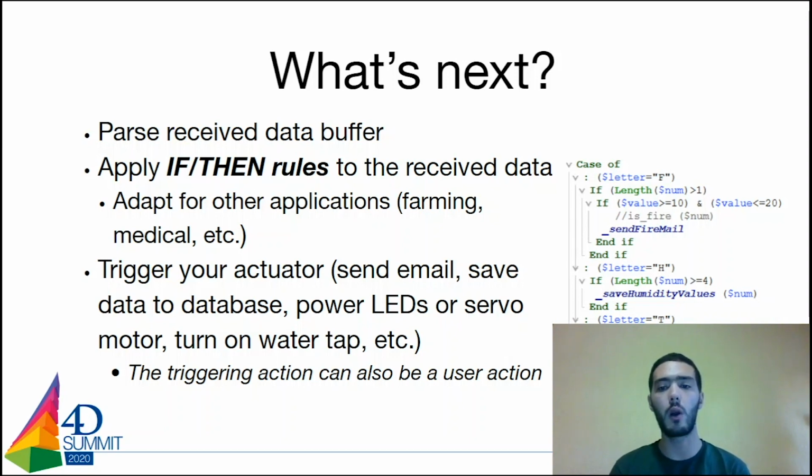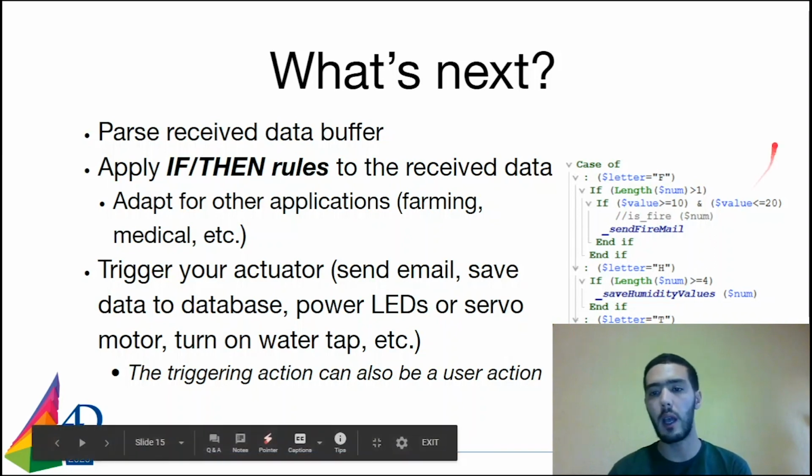I've decided to call this project IoT and not Smart House because this project can in fact be extended to other applications. So we can adapt this same logic to other applications such as farming, for smart agriculture, for example, or medical fields. It's always the case that we just receive the data and we just condition over it.